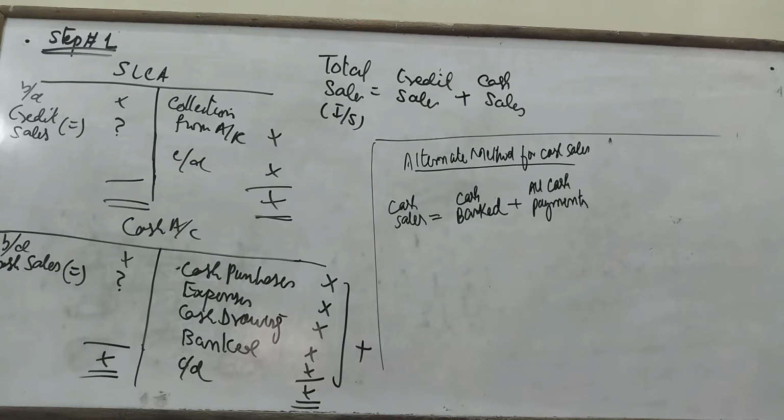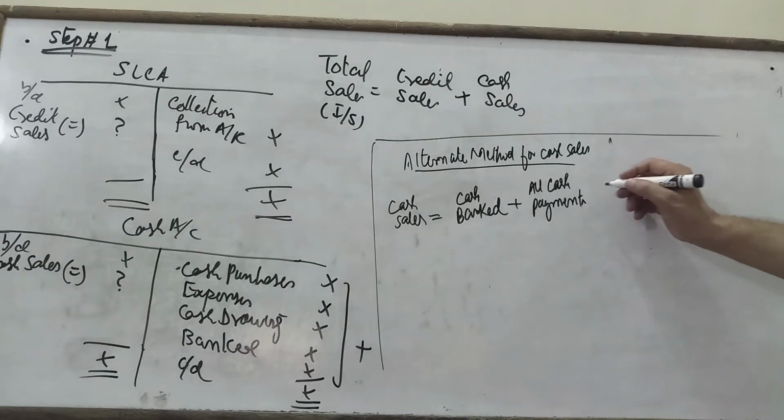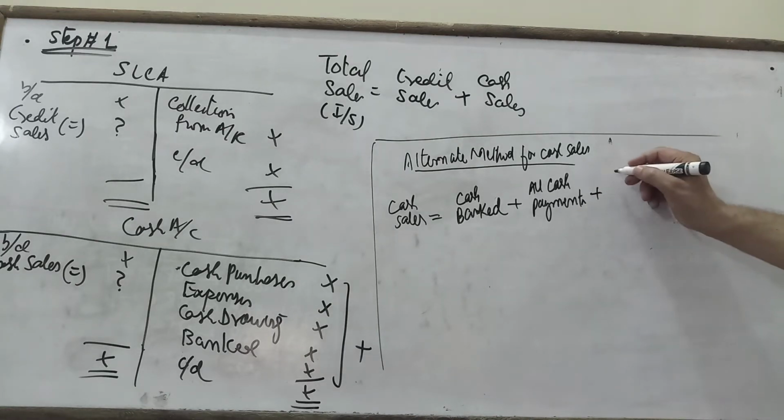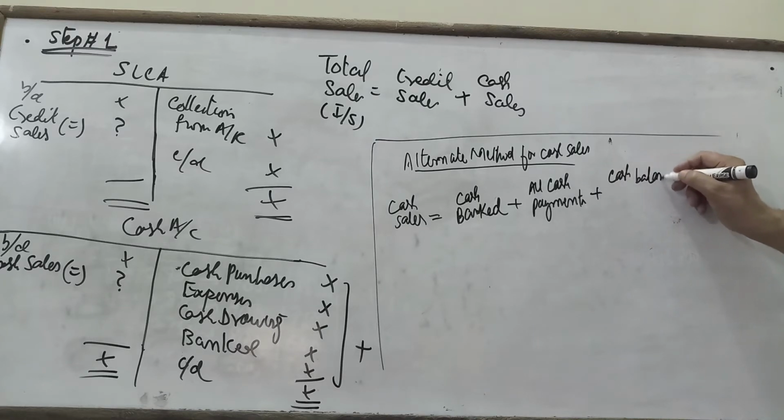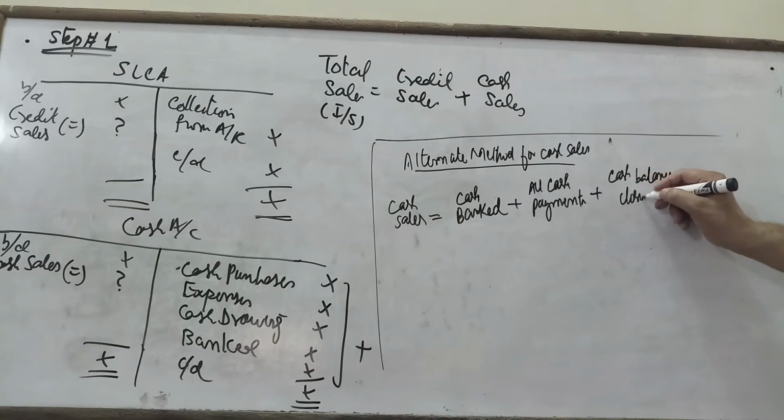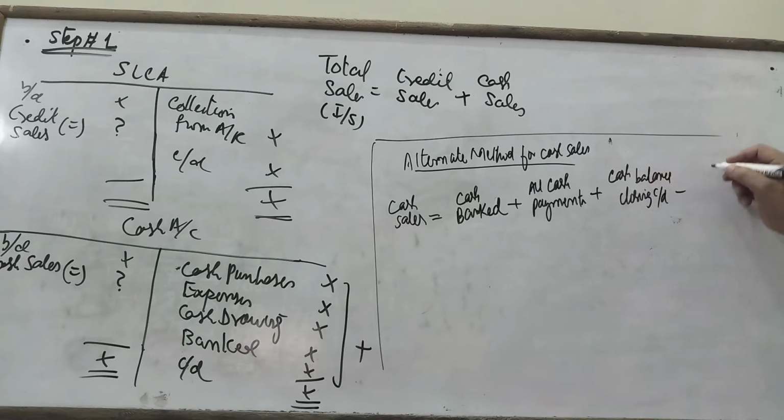It could be payments for expenses, it could be payments to creditors; all cash payments are added. Plus cash balance closing, balance CD, minus cash balance opening. Okay, this will also give you cash sales, right? So you can calculate cash sales either way.